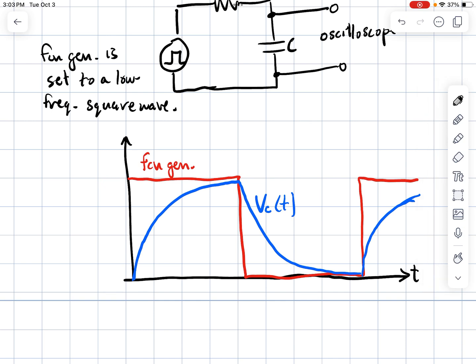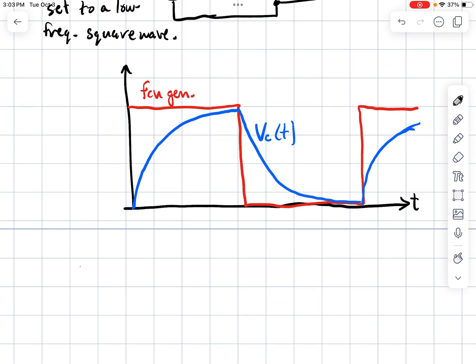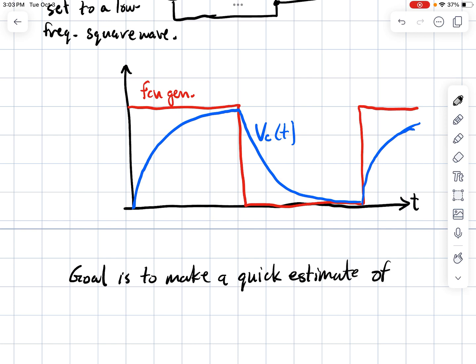And the goal is to make a quick estimate of the time constant tau is equal to R times C. So of course you're going to know the values of R and C that you're using, so you could just calculate the expected value.